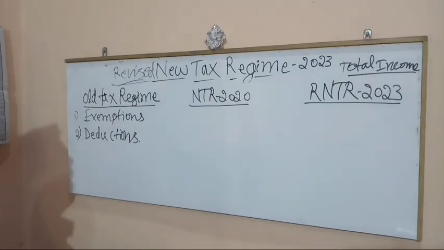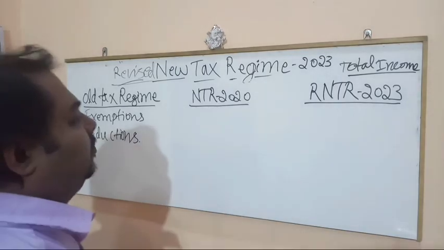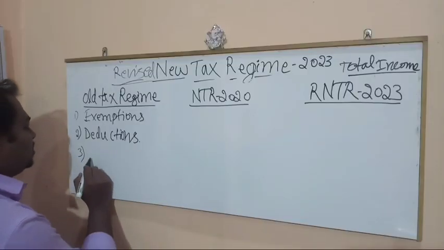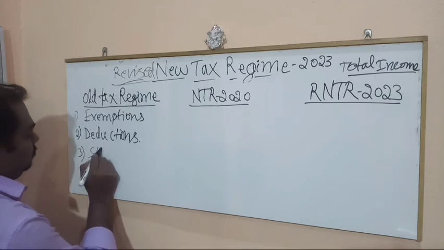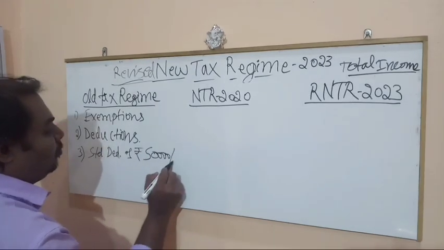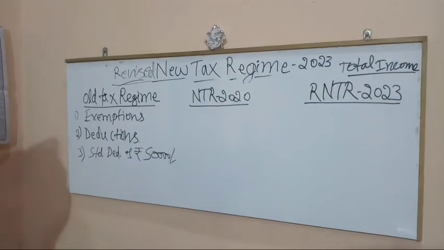So any such actual payments made were available for deduction from total income. For the salaried class, there was something called standard deduction. For the salaried class, there was a standard deduction of 50,000 rupees, irrespective of whether you have made any expenses or not.